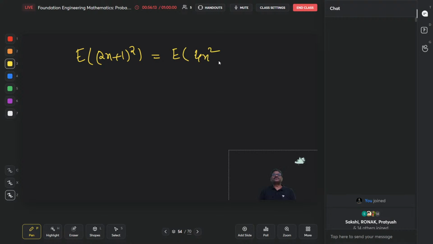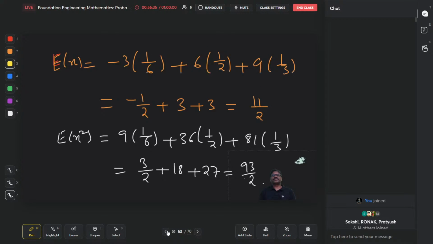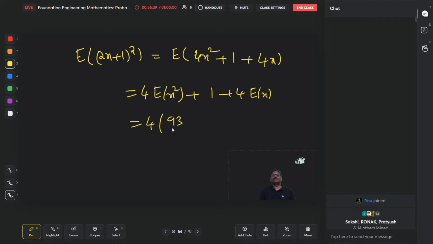(2x plus 1) whole square is 4x square plus 1 plus 2 into 2x into 1, which is 4x. So 4 into expectation of x square plus 1 plus 4 into expectation of x. Expectation of x square is 93 by 2.